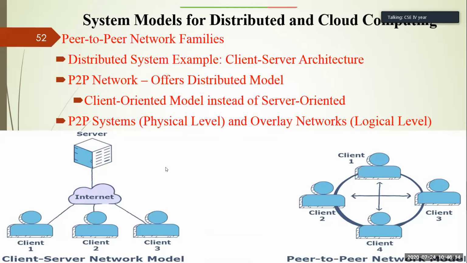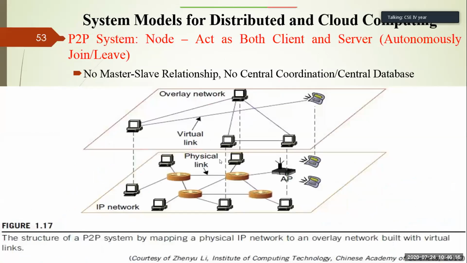So as you can see, there are two levels. One is your physical links. Your handheld devices are connected to the physical link, and this is your overlay network, right? So a P2P system can act as a client as well as a server because they are autonomous systems. Imagine a system that is autonomous in nature: it can join the system at any point of time, and it can leave the system at any point of time.